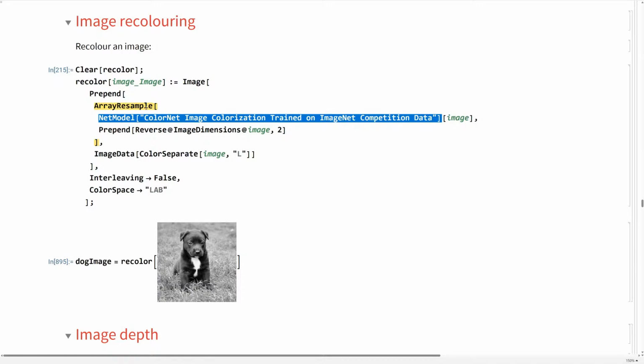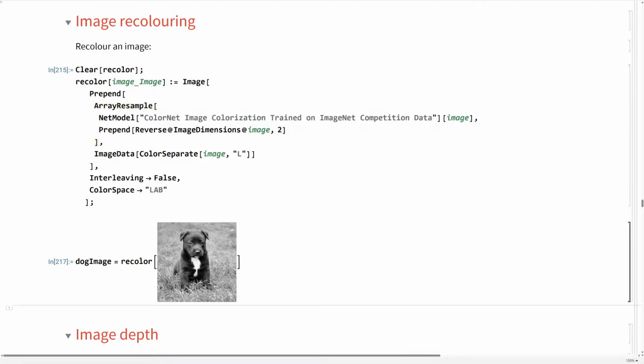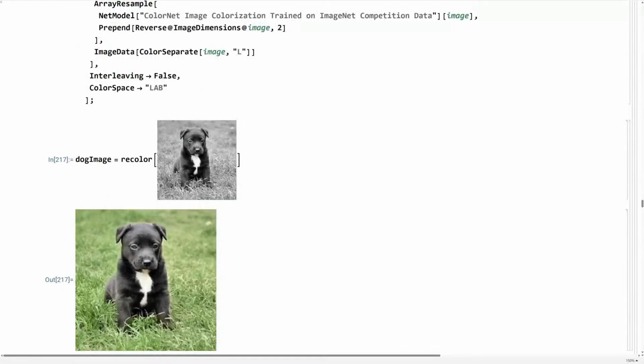But yeah, this one is using this neural net model, using the model and then giving the data, this black and white. And I believe this model is trained to actually recognize the item and then the background, and then make the decision to see how to recolor them.